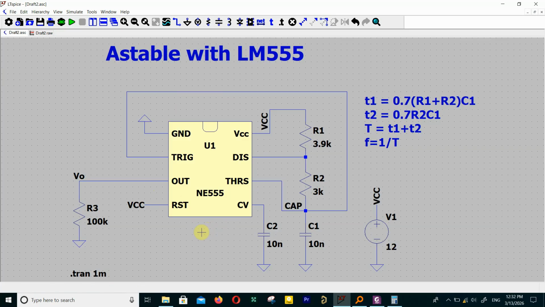If noise is a problem for you, it's better to use bipolar transistors. I also created another simulation in LTSpice, so you can get a sense of what happens there and how you can create an astable output using just transistors, resistors and capacitors.